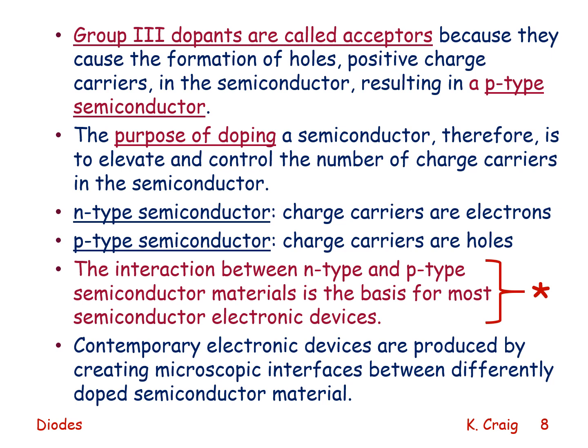In an N-type semiconductor, the charge carriers are electrons. In a P-type semiconductor, the charge carriers are holes. The interaction between N-type and P-type semiconductor materials is the basis for most semiconductor electronic devices. Contemporary electronic devices are produced by creating microscopic interfaces between differently doped semiconductor material.